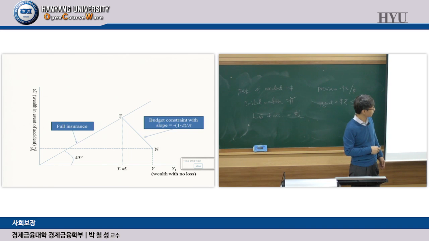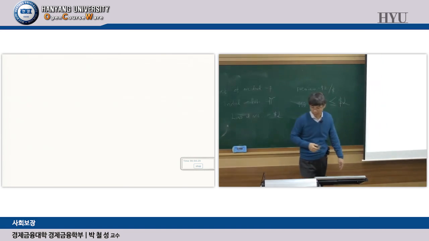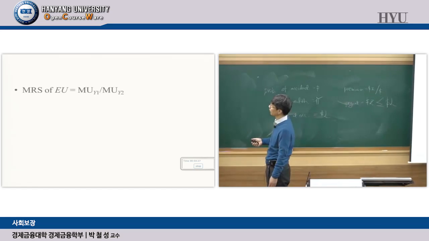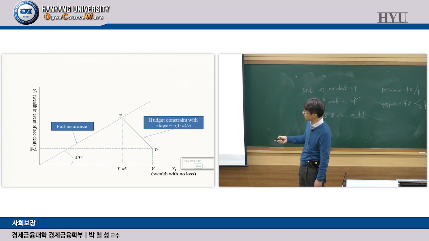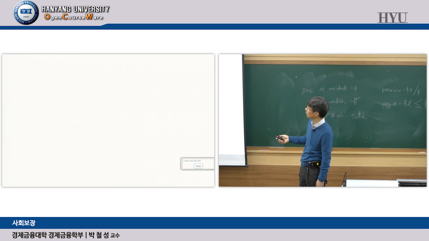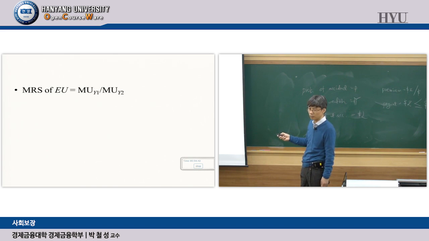That is the background we're going to use. So we have to think of the slope of expected utility, the MRS of EU, the marginal rate of substitution of expected utility. When you see this diagram, it should be equal to the marginal utility of y1 divided by the marginal utility of y2. This is just the definition of MRS.